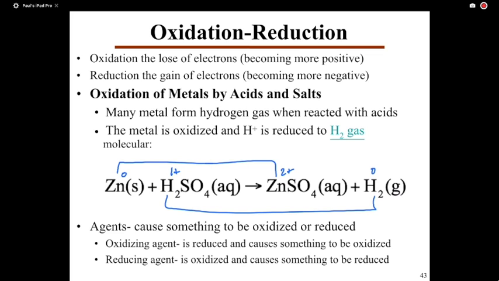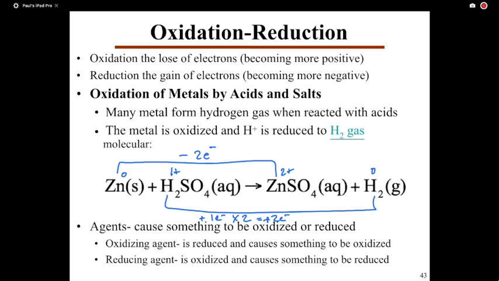And so zinc again has to lose 2 electrons to get to that point. Hydrogen gains 1 electron times 2 to equal a total of 2 electrons. I add 2 electrons in this case.